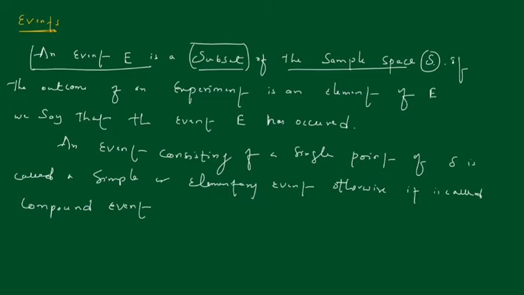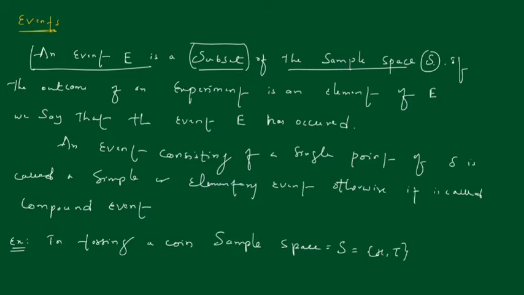For example, in tossing a coin, what do we get as the sample space here? When a coin is tossed once, we have two possible outcomes, that is {H, T}, that is head or tail.